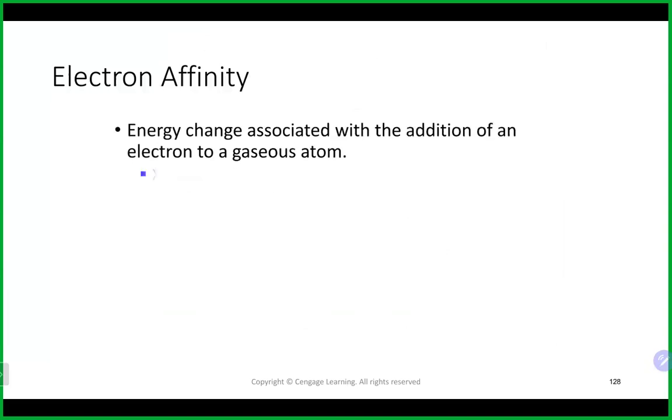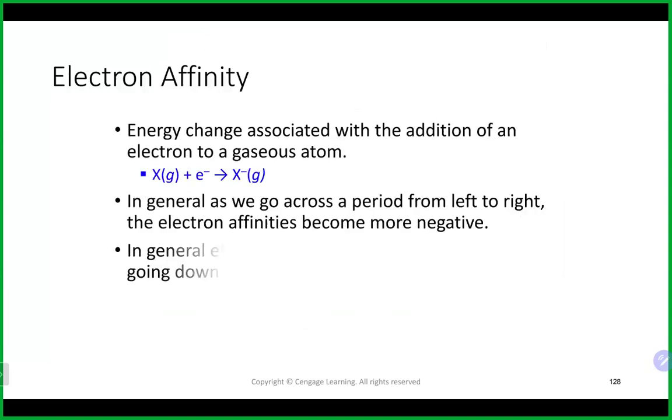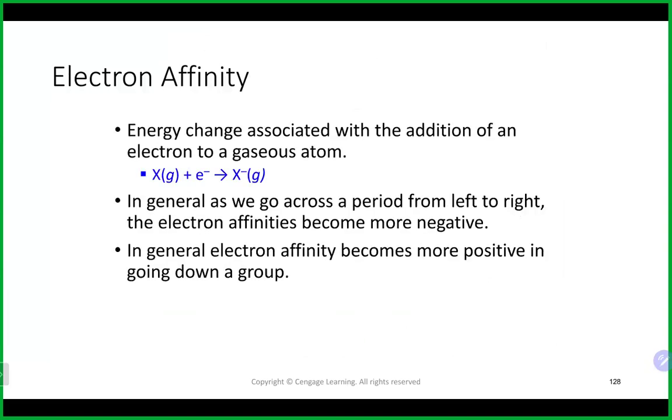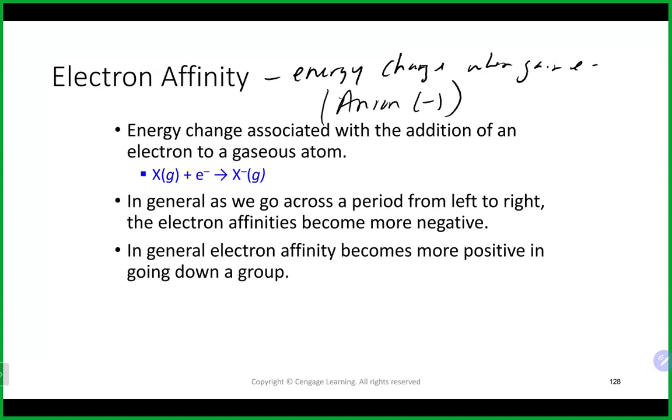Now, electron affinity is basically the energy change that occurs when somebody gains an electron. So this is the energy change when we gain an electron. And that is typically what we think about as anions. Those are typically the guys that gain electrons. If you have an affinity for something, that means you like to gain electrons, right?